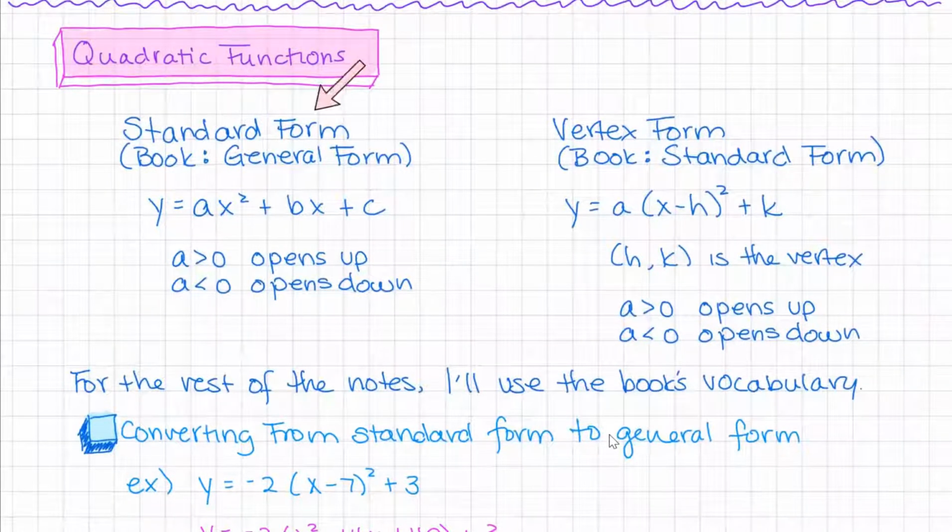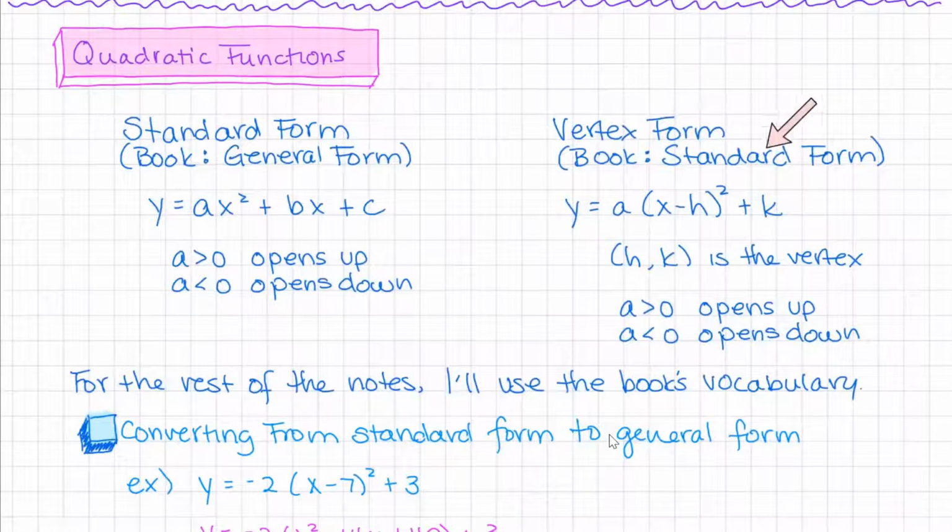So we have standard form, and like I said, the book calls this general form, and it's this form. It's y equals ax squared plus bx plus c. If a is positive, remember it opens up, and if a is negative, it opens down. We know that. And then vertex form, and like I said, I believe, but I can't remember, I actually never taught IM2 out of the CPM books, but I believe CPM calls it graphing form.